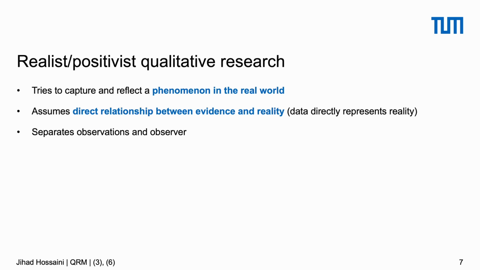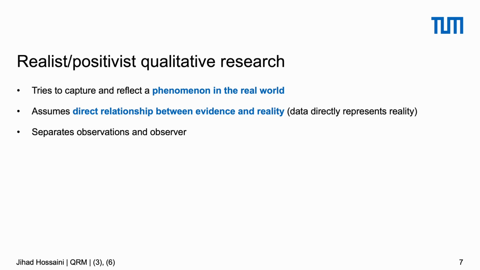So when we do realist or positivist qualitative research, because we assume that there's one truth, one reality that we can sort of grasp, we try to capture and reflect a phenomenon in the real world. We try to reflect something in the real world that we assume that we can really grasp, that we can collect data about. And when we find data, we assume that between our data and reality, these two correspond as much as possible. Data directly represents reality.